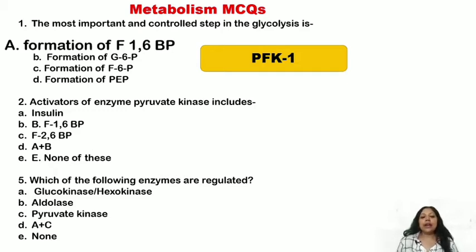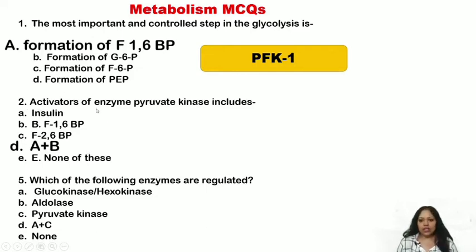Okay. Second, activators of enzyme pyruvate kinase includes. So in the regulation of glycolysis video, I have made a chart for you, and through this chart you can easily say that yes, it is fructose 1,6-bisphosphate, which is the activator of enzyme pyruvate kinase, which actually does the feed forward activation, and insulin also in this case.